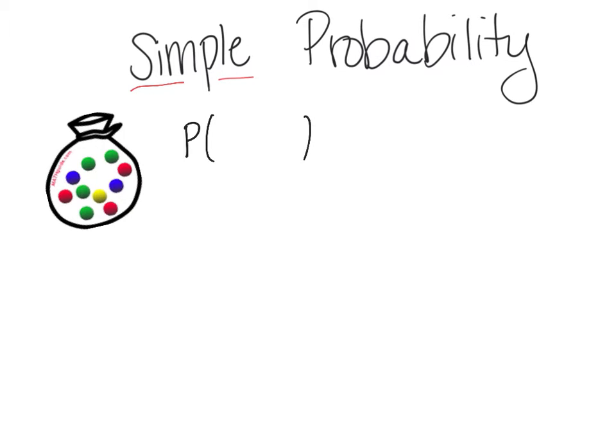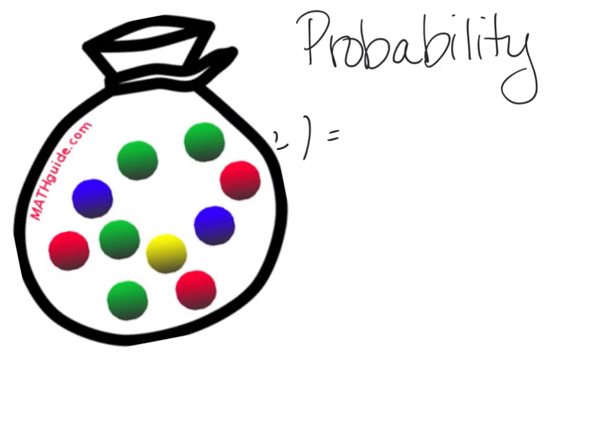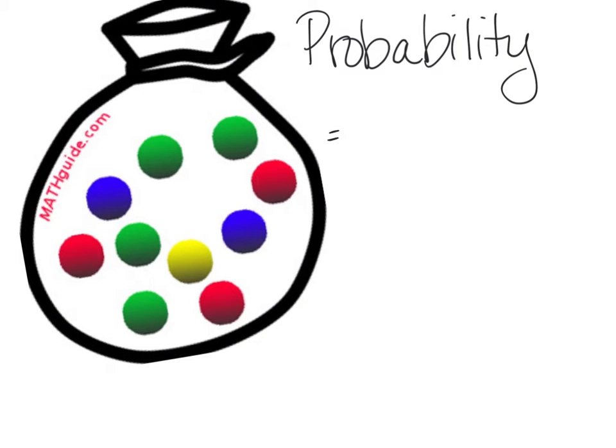So I want to know, based on this bag of marbles, what's the probability that I'll pick a blue one? That's my question. What's the probability that I'm going to pick a blue marble? Well, I have to look at the bag and see how many blue marbles there are.